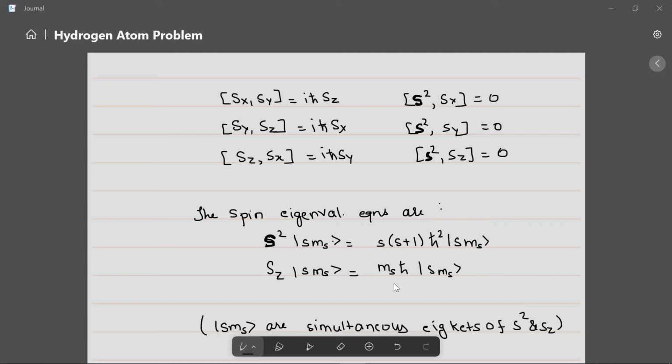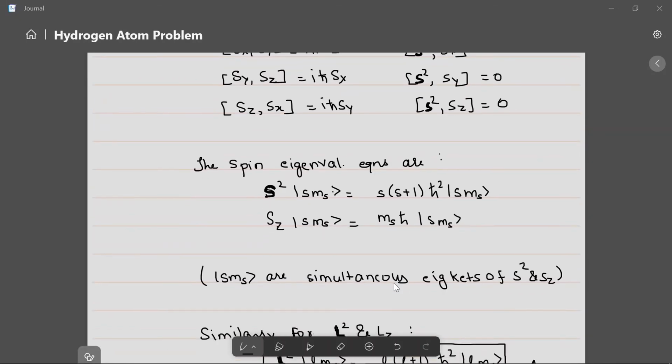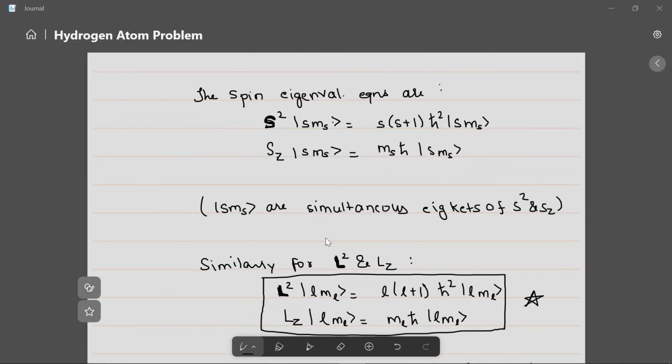It is because S square and Sz commute. Okay, what does this mean? If any two operators commute, they are simultaneously measurable and they have simultaneous eigenkets. Simultaneous eigenkets means basically you can write the same eigenkets for both of them. And hence I've used the same kets as they are essentially representing the same eigenstates for both the operators.